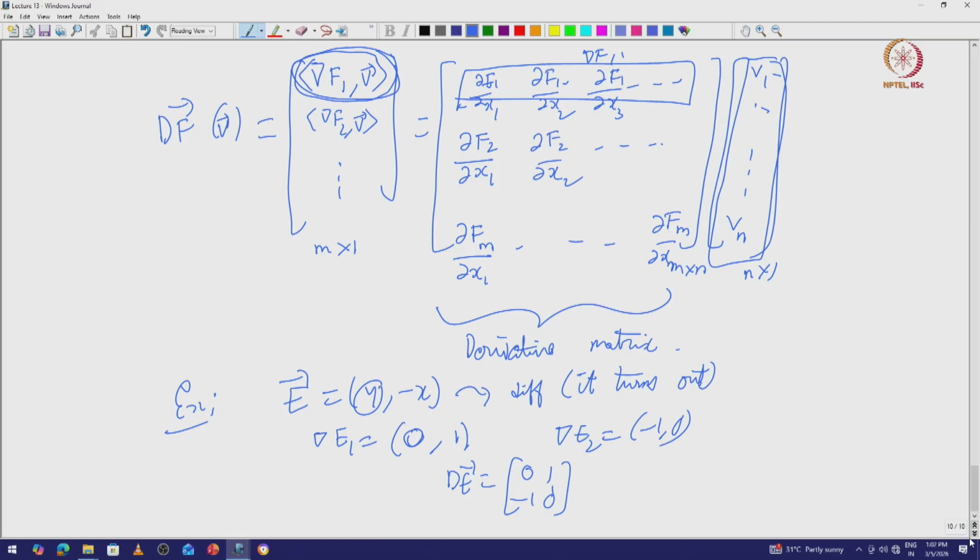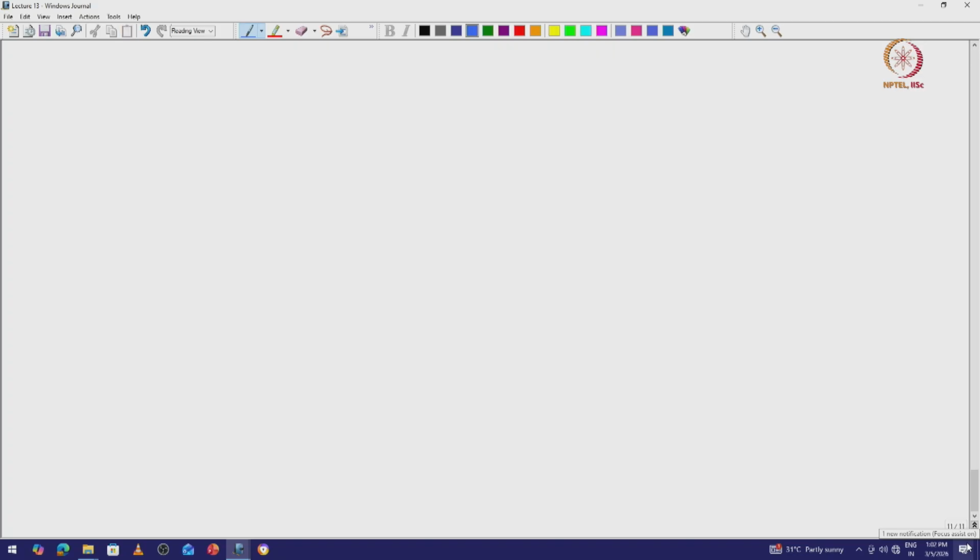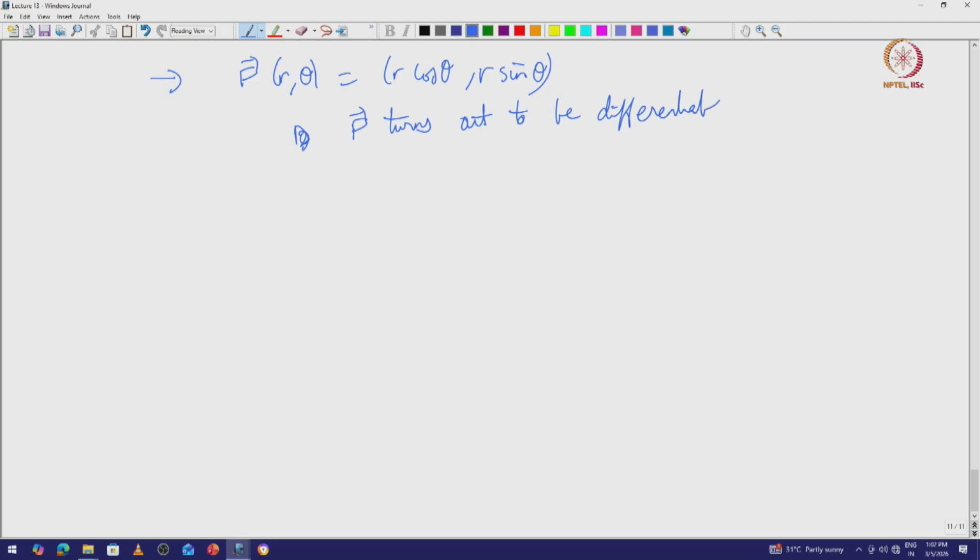Now let me do one more example. Suppose I take f of r theta as r cos theta and r sin theta. F turns out to be differentiable, as we will prove later.